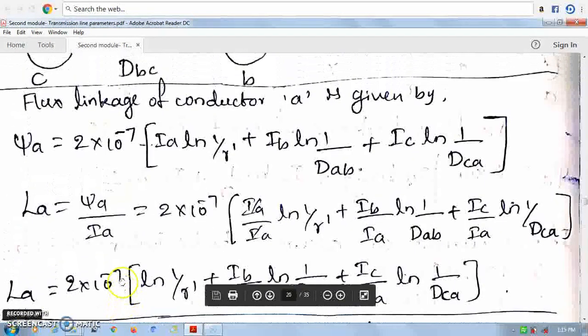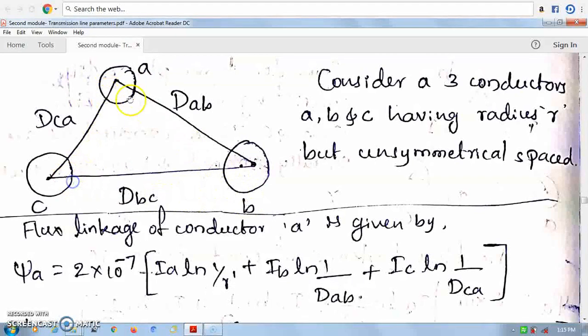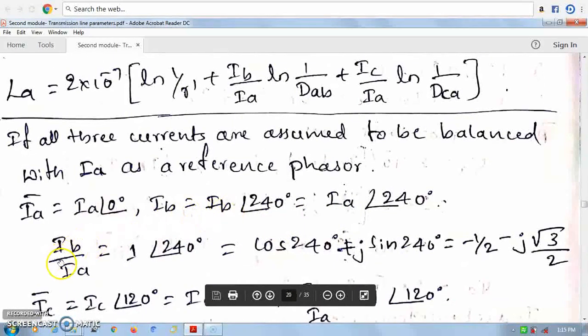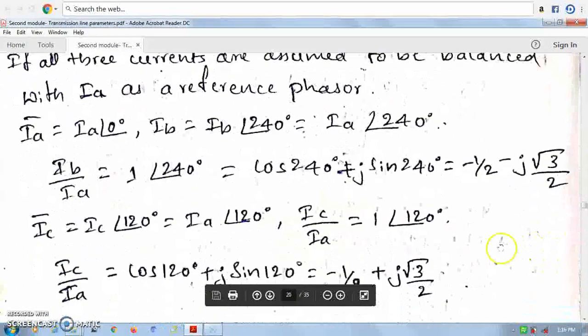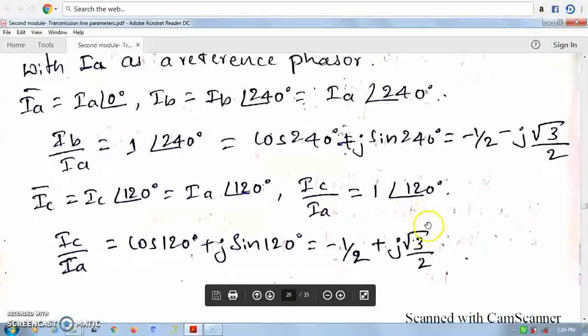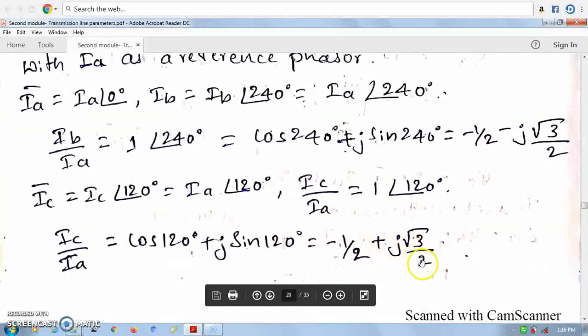From this figure, if the reference is IA of conductor A, one makes a 120 degree angle and the other makes a 240 degree angle with respect to conductor A. Therefore, IB is equal to IB at 240 degrees. Then IB divided by IA is cos 240 plus j sin 240, which is minus 1 by 2 minus j root 3 by 2. Similarly, IC is equal to IC at 120 degrees. IC divided by IA is cos 120 plus j sin 120, which is minus 1 by 2 plus j root 3 by 2.